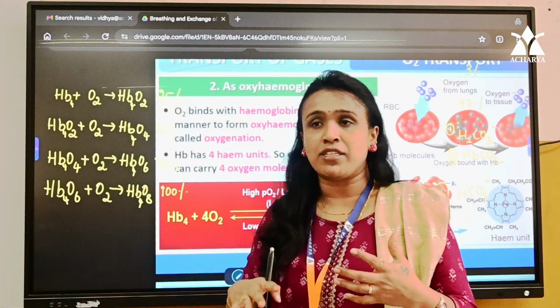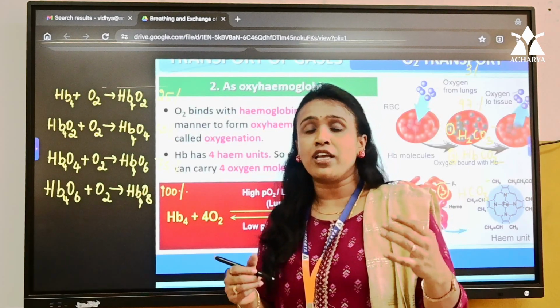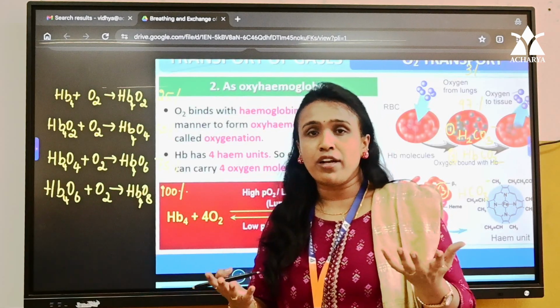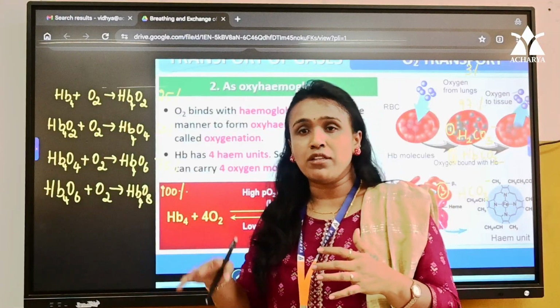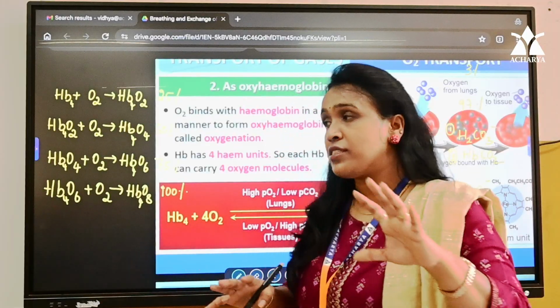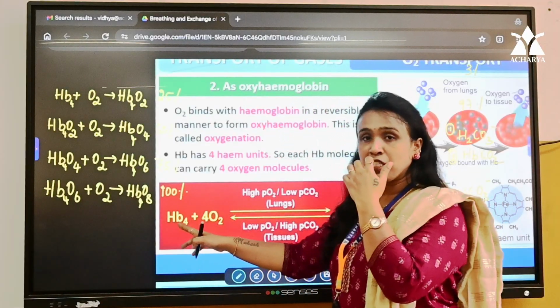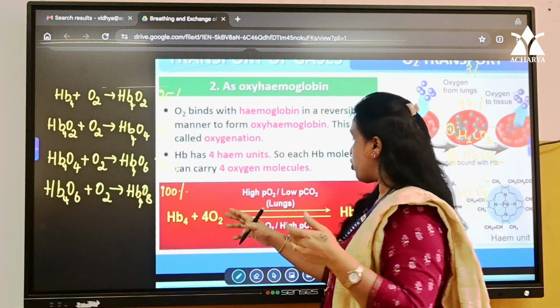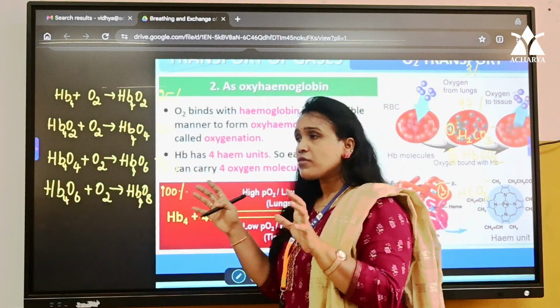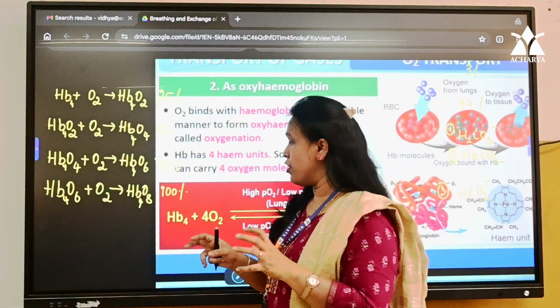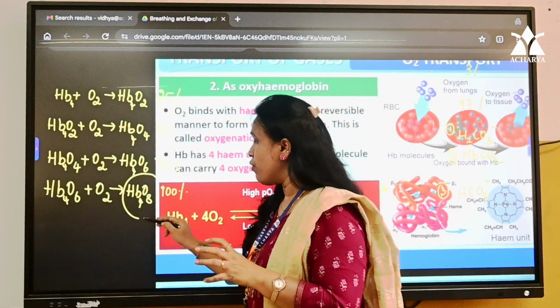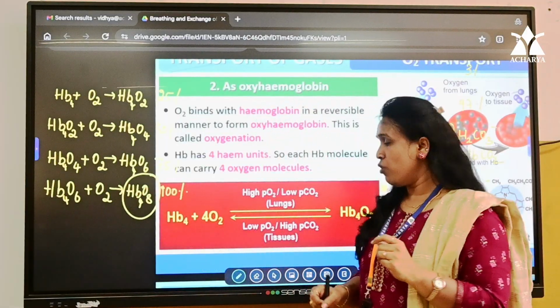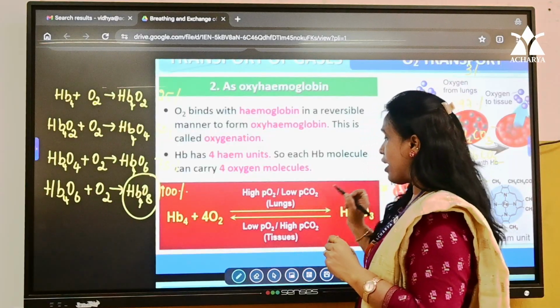First he will take one passenger and start moving, and once he is confident about the fuel, he can carry some other passengers in his vehicle. In the same way, hemoglobin will carry one molecule of oxygen first, and at the end it will have 8 atoms of oxygen. Then what are the conditions?